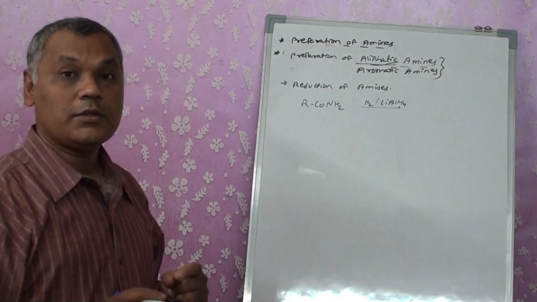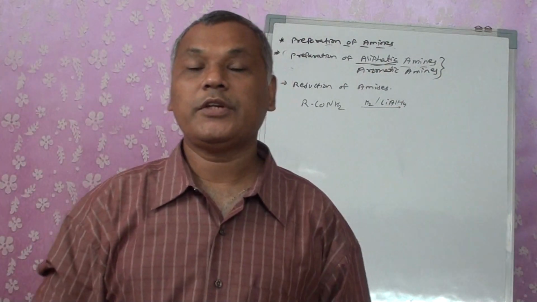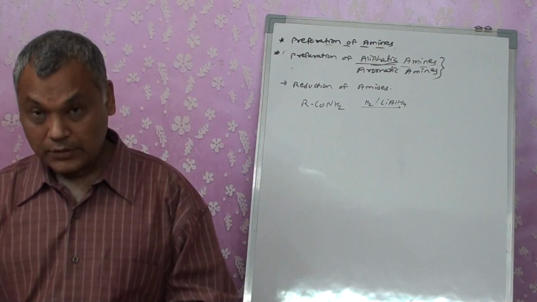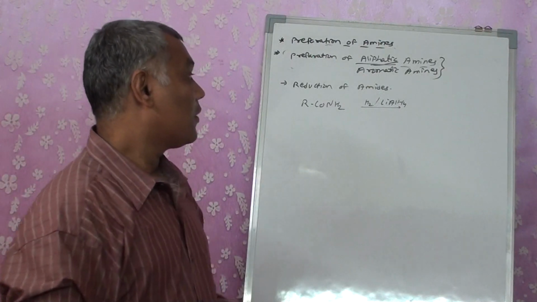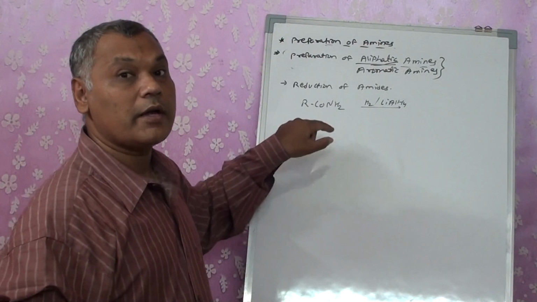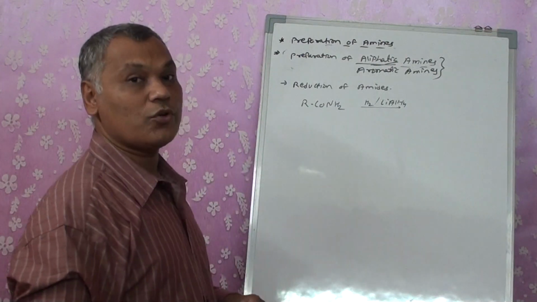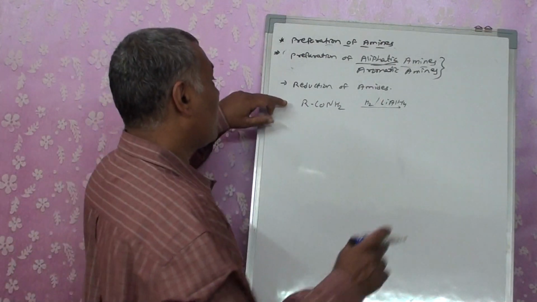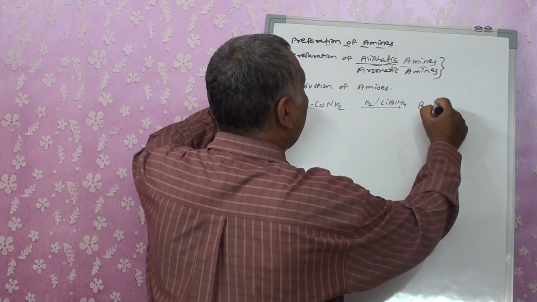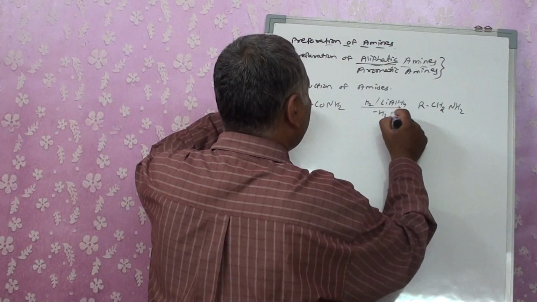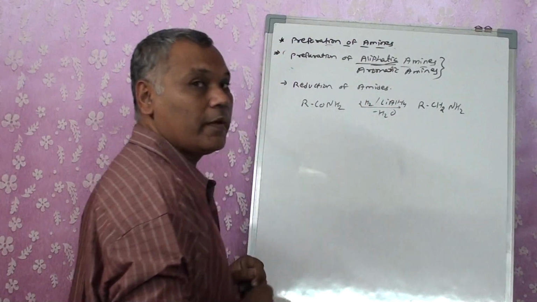So reduction is done with the same reducing agent, right? The catalyst is the same, only the factor is we are using a different reactant. Initially the functional group was cyanide, this time the functional group is amide. We are going to get RCH2NH2 with H2O removed, right?